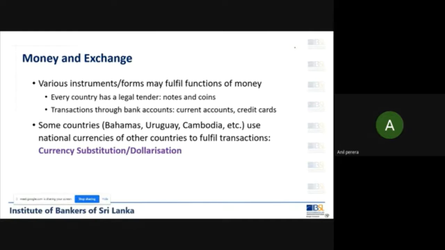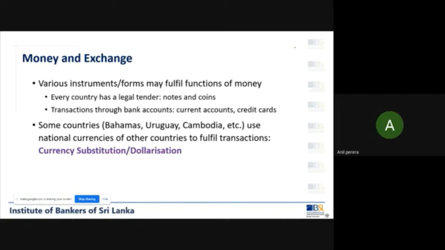What are the functions of money? Medium of exchange, measure of value or the unit of account, store of value, and standard of deferred payment. So if you write those 4 items with some description, you get 5 marks. Part 2, what are the functions of money carried out by the following instruments?